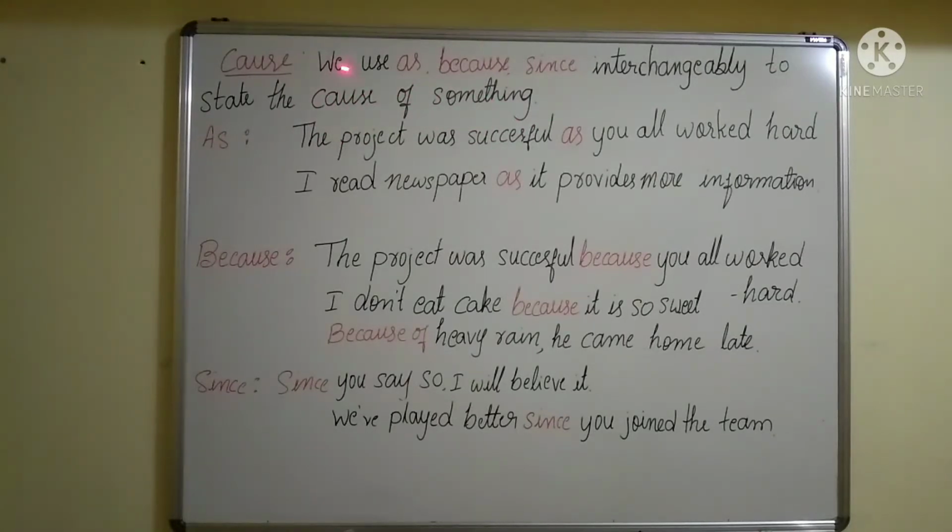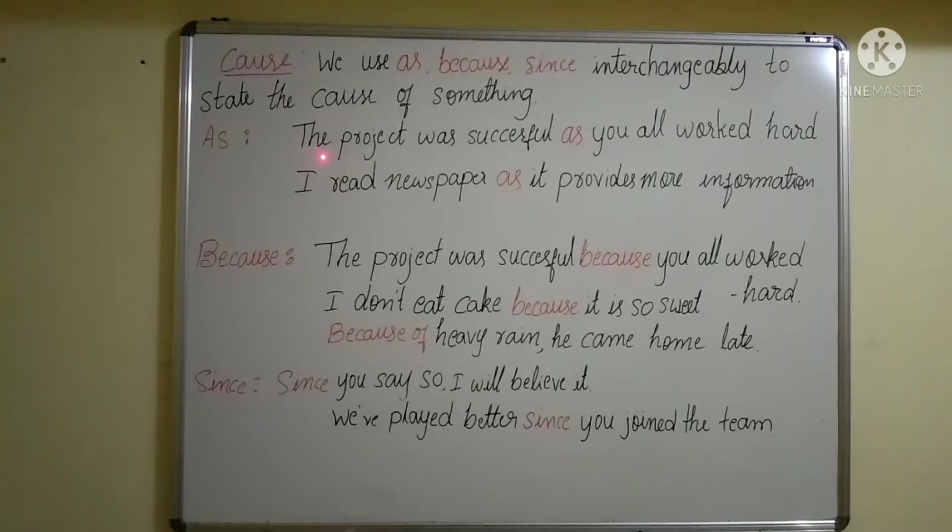This sentence tells us that it's very obvious: as, because, since, these subordinating conjunctions are used to express or state the cause and effect of the sentence. Now let's see one by one how to use as in a sentence.